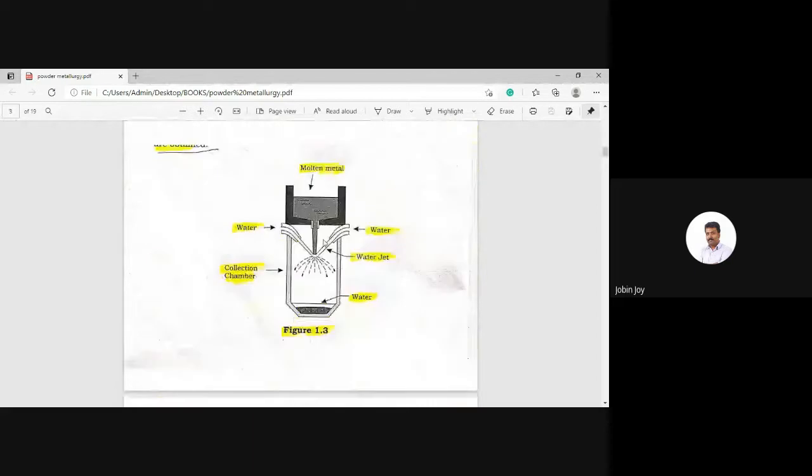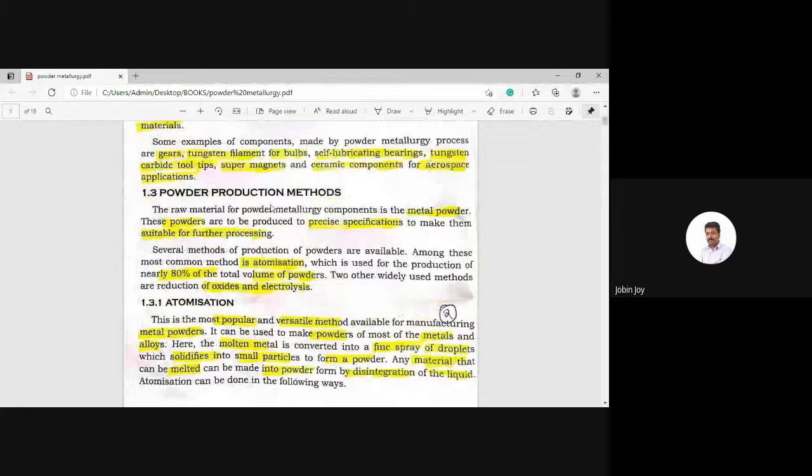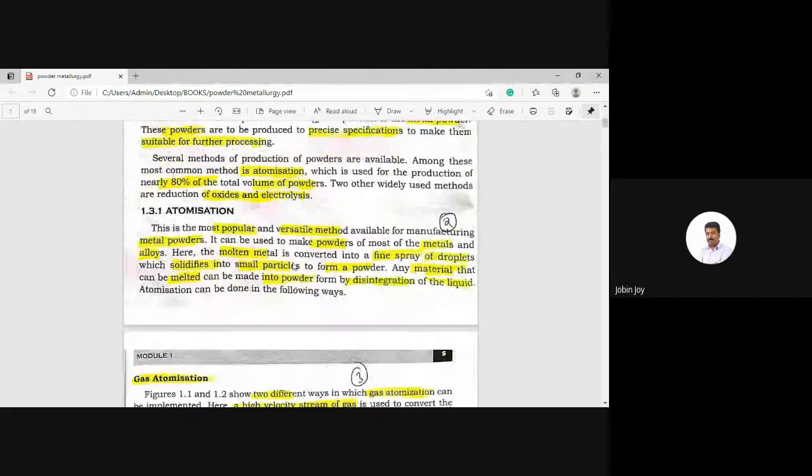So what is atomization? It is the most common, most popular and most versatile method for the manufacturing of metal powder. Here the molten metal is converted into a fine spray of droplets that solidify into small particles to form a powder. Any material that can be melted can be made into powder form with this atomization method.